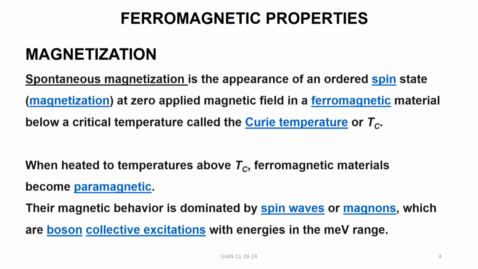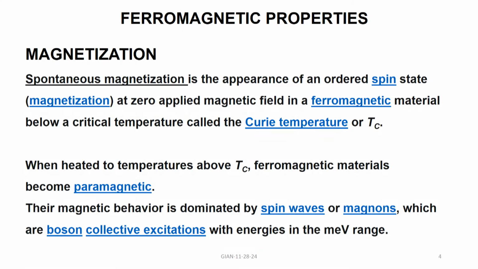The magnetic moments are strongly coupled through exchange interaction. So, anything that happens in one spin will be transmitted to the neighboring spin. So, it is a collective excitation. The whole system behaves like what we call spin waves or magnons. These are bosons. They have very small energy, on the order of milli-electron volts.